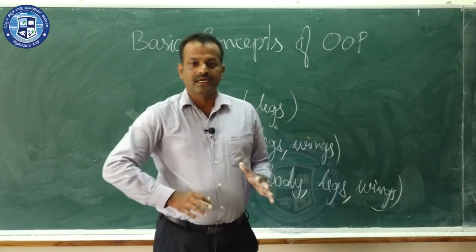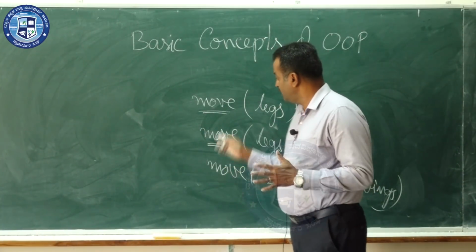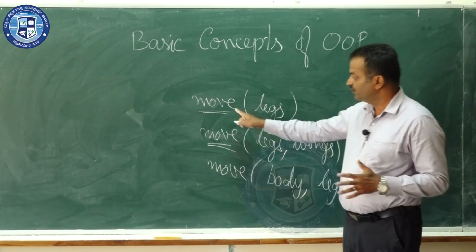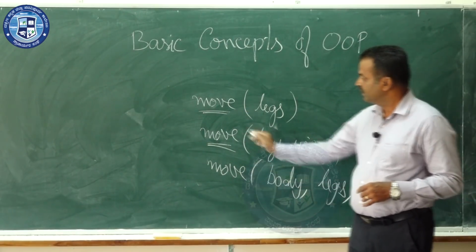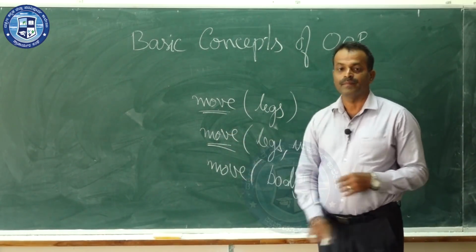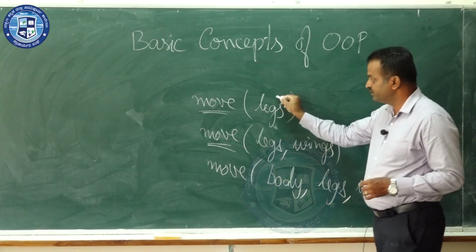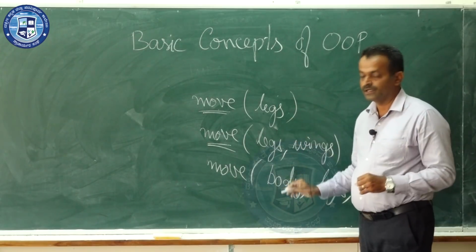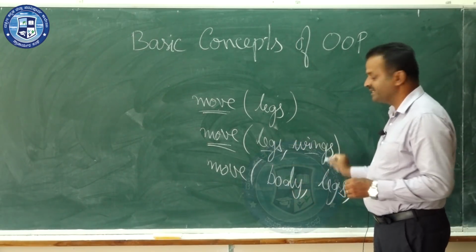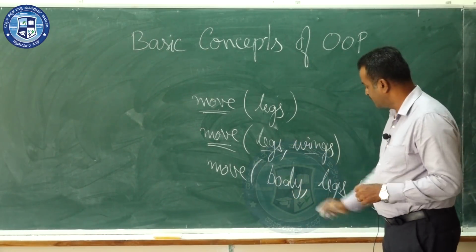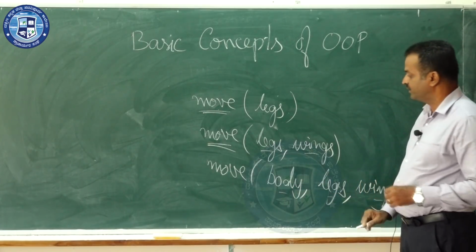Now in the animal class I have defined three functions. These functions have the same name; the first function is taking only one argument, the second function is taking two arguments, and the third function is taking three arguments.